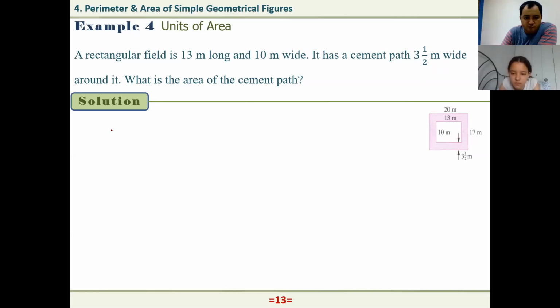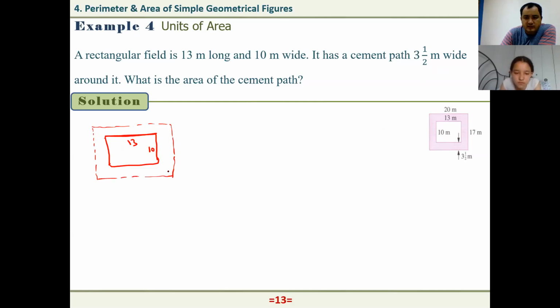Because it says it has a cement path 3.5 meters wide. That means if we have something that's rectangular like this, and this side is 13 meters and this side is 10 meters, around this we are going to make a path for walking.